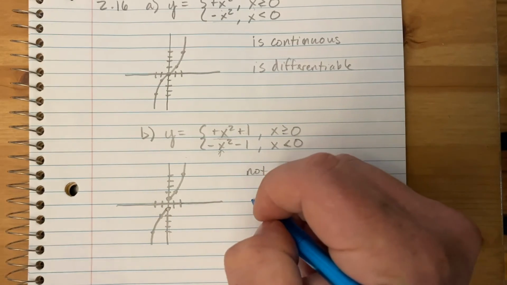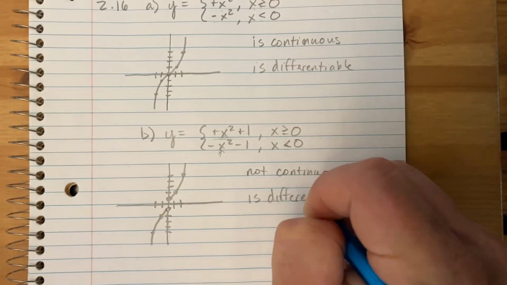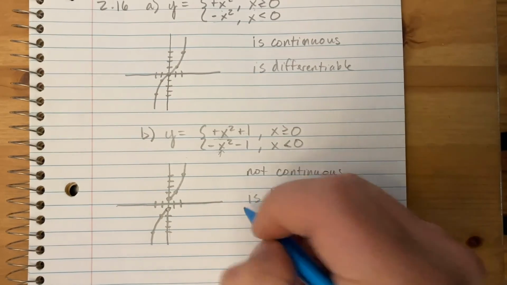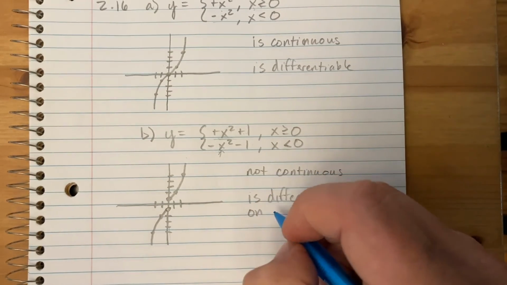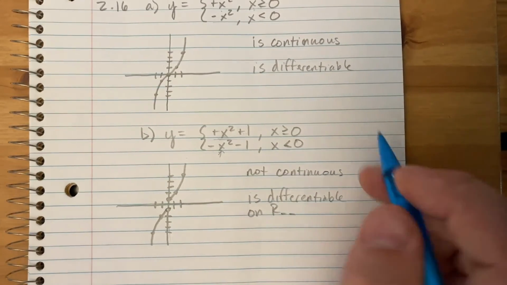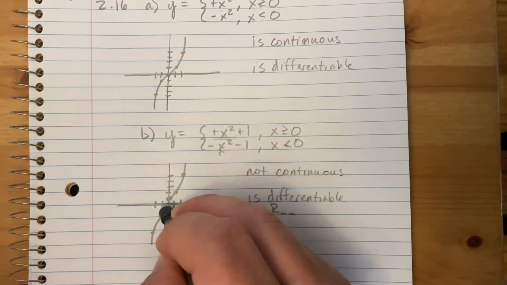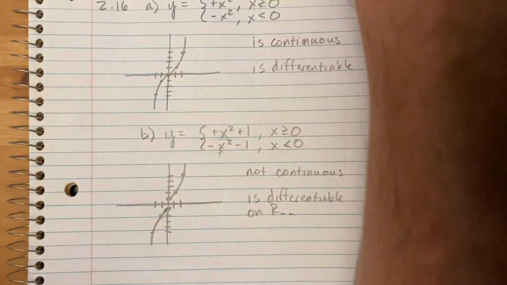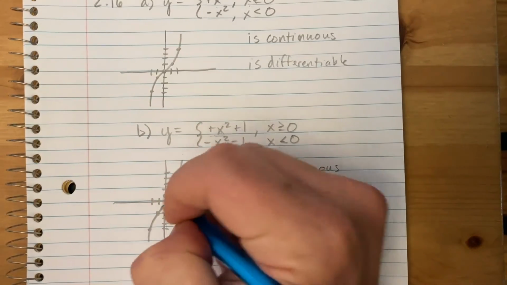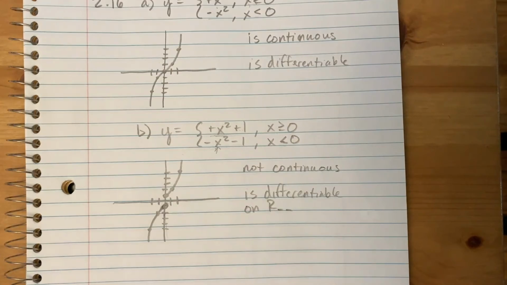So I'll say it is differentiable on R minus. Okay, and actually, to be a little bit more specific with my graph here, I should have made this dot an open circle to indicate that that point is not part of that side of the function.